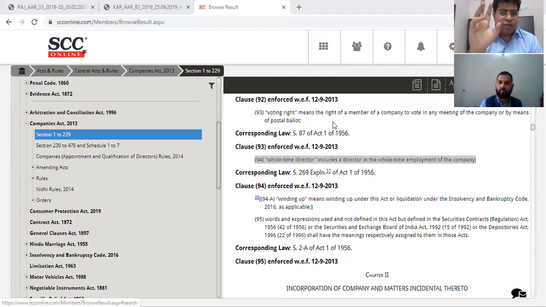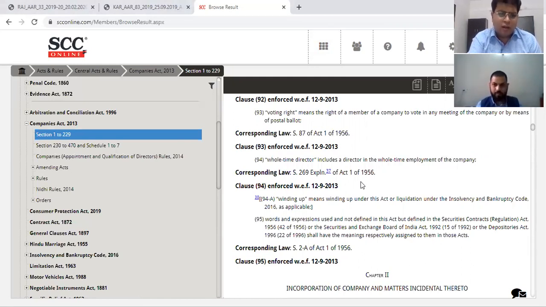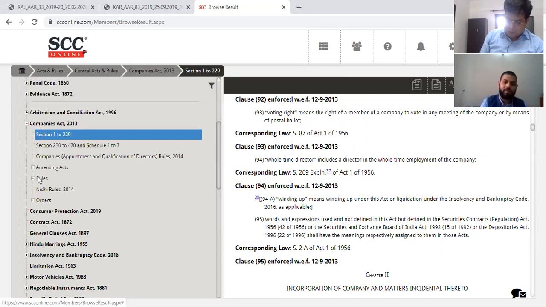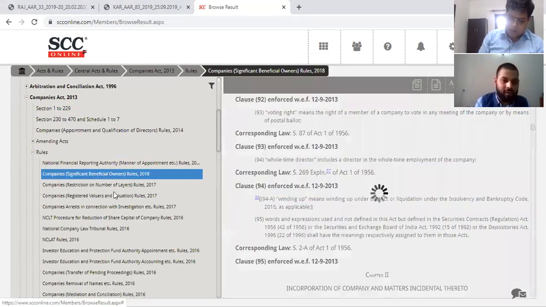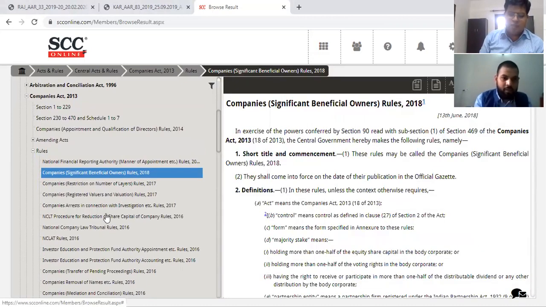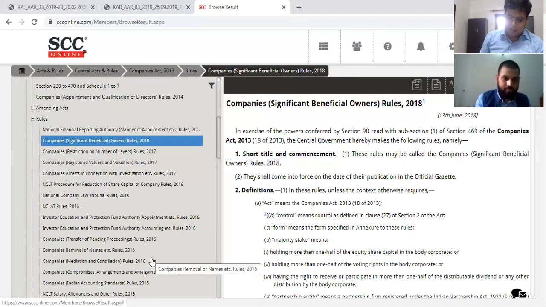Now there is another definition that we can refer to, that of executive director. Kartikey, we don't need to open that definition. That definition is provided in Rule 21K of the Companies (Specification of Definitions Details) Rules, 2014.